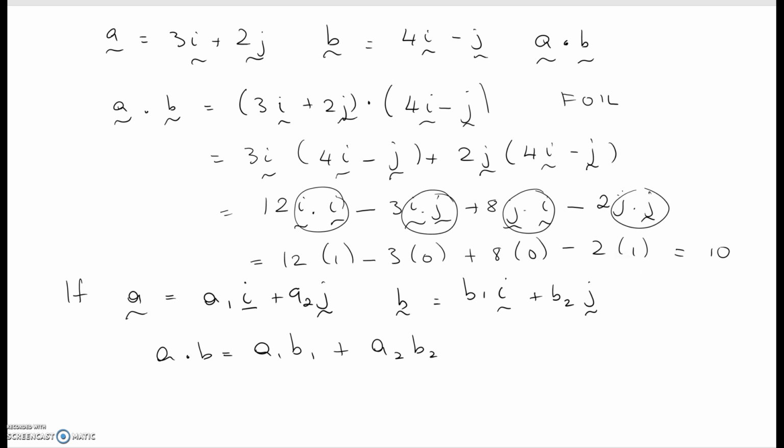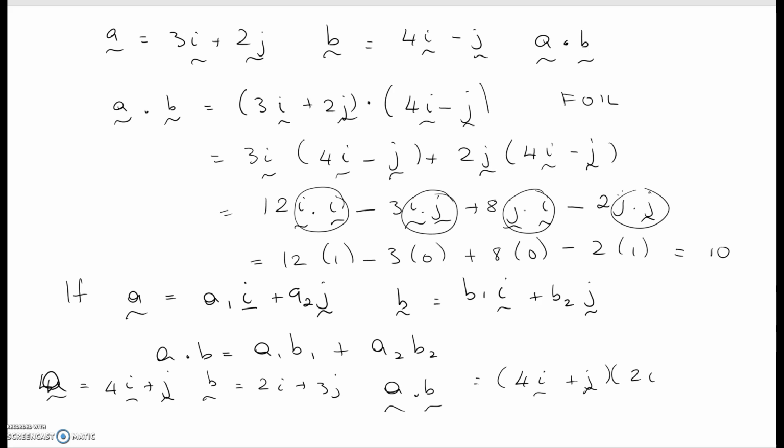So if we had an example, a equals 4i plus j and b equals 2i plus 3j, if we were to find the scalar product a dot b using this way, we could say that a dot b is going to be 4i plus j times 2i plus 3j, which is going to be, well, work it out.